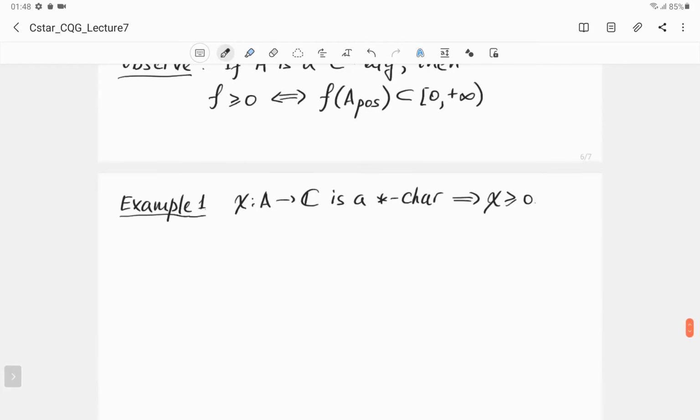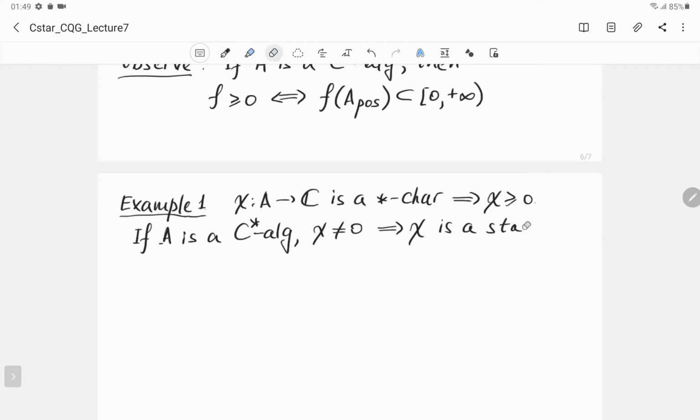So in particular, if A is a C-star algebra and chi is a non-zero character, then chi is a state, because the norm of a non-zero character is exactly 1.